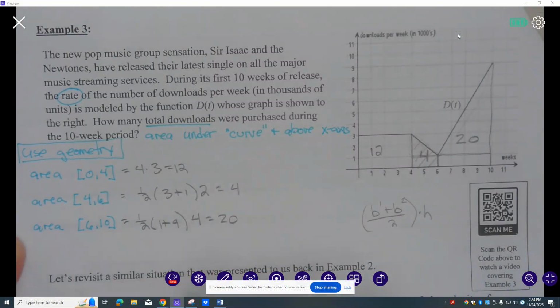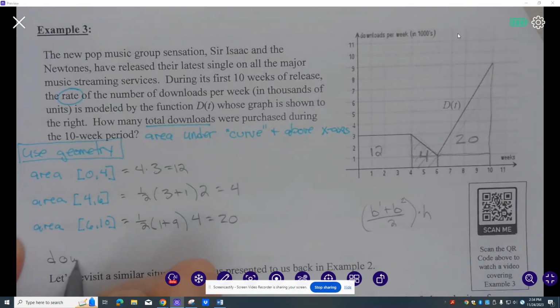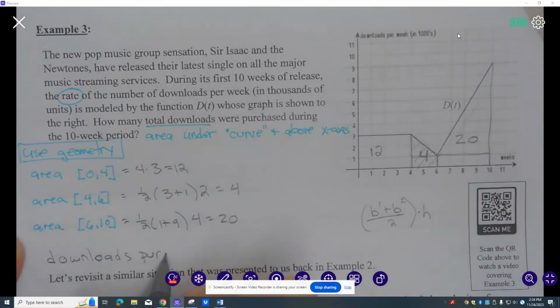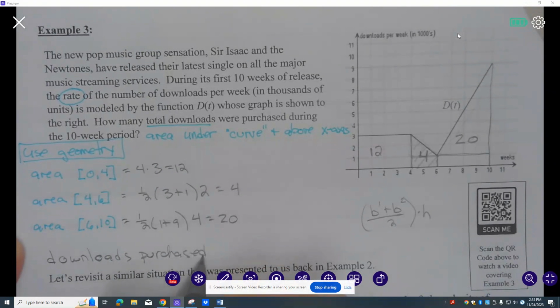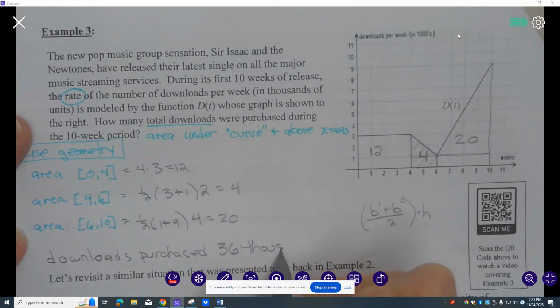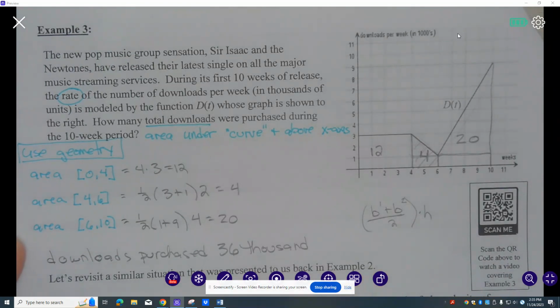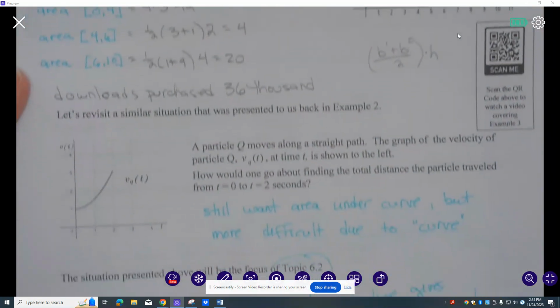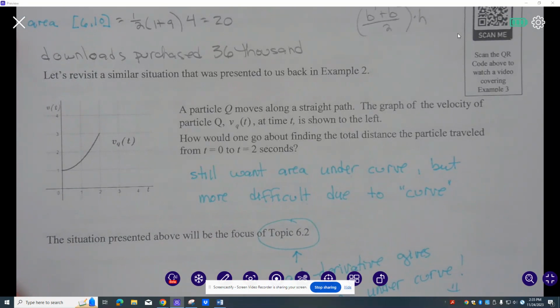The downloads purchased were 36, and I think these are thousands, so 36,000 downloads.